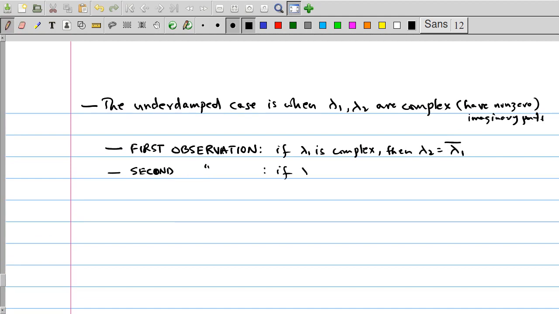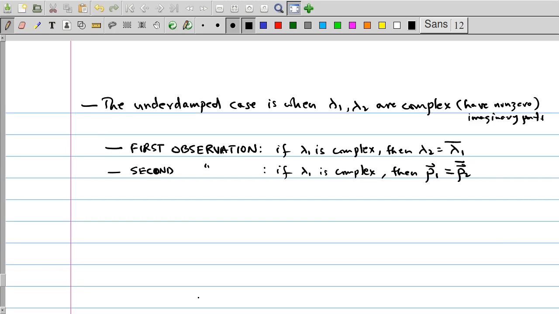If lambda 1 is complex, then p1 is equal to p2 conjugate, right? So we're going to write out everything in terms of this. Actually, how do we know this? We check. What was the number of that? 12.5? Actually, I think it was 12, the equation where we had expressions for the lambdas.